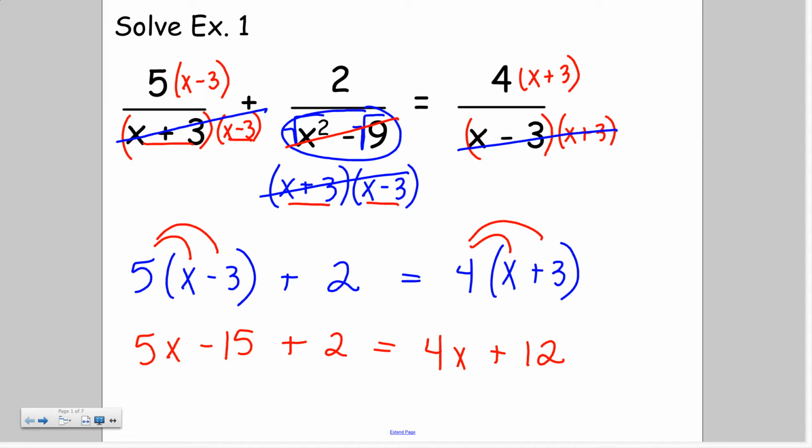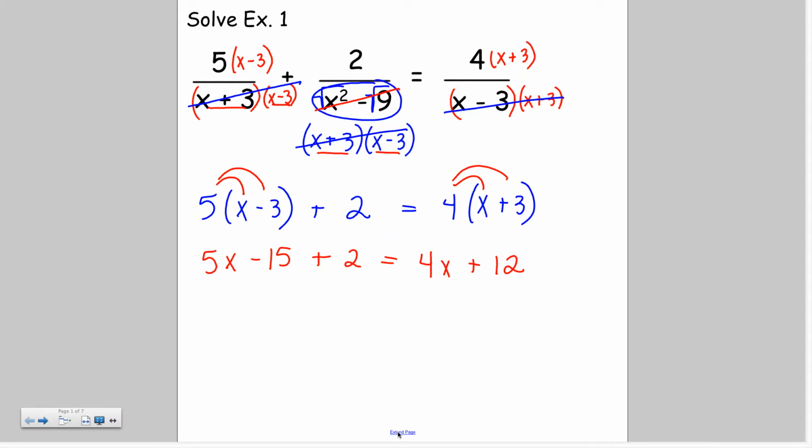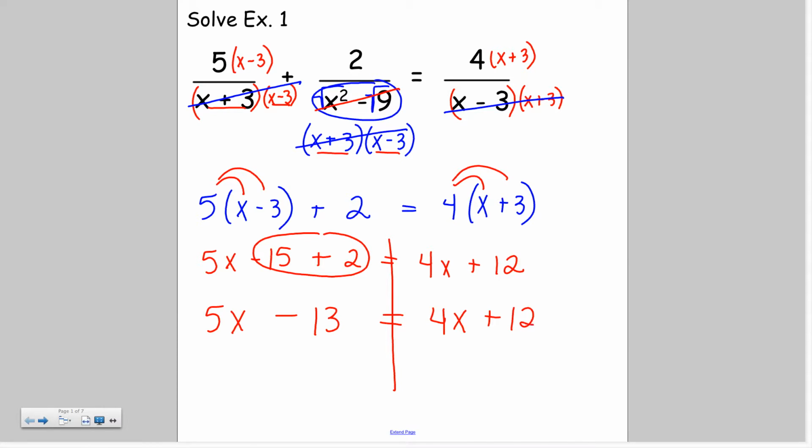And at any point, if you need to pause the video, you can do so. So at this point, we're solving the equation. On this side, I can combine those two like terms. So negative 15 plus 2 is negative 13. There are no like terms on this side. Now I'm going to start moving things from one side to the other, and at this point it does not matter where you start.